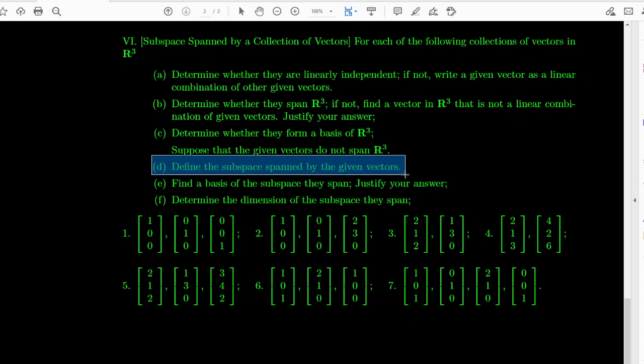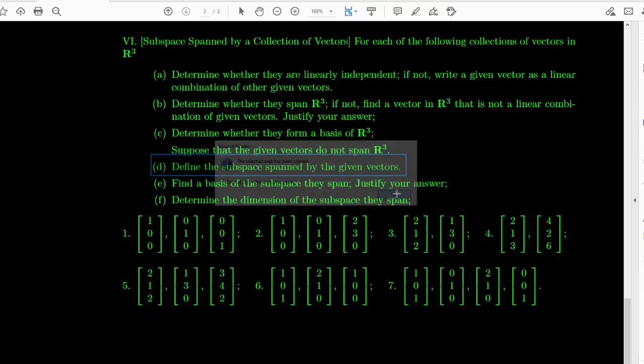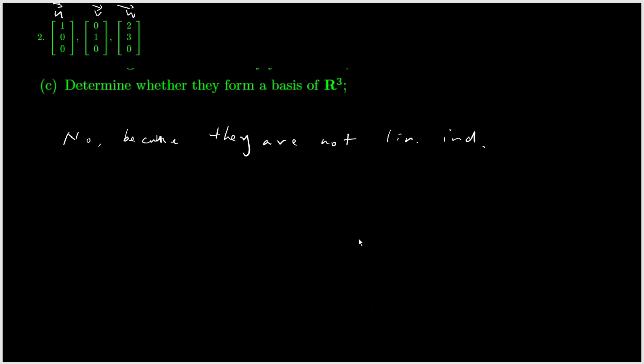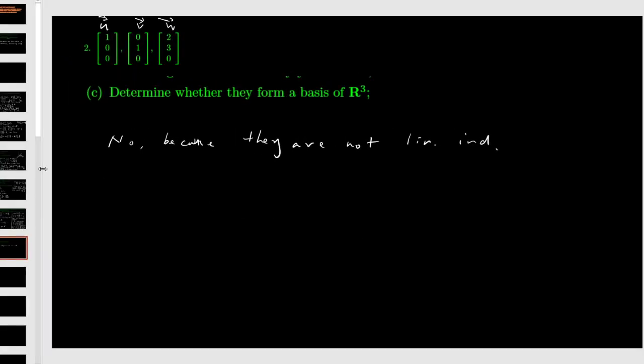Now we are going to determine the subspace spanned by the given vectors. I'm trying to determine how much space I need.